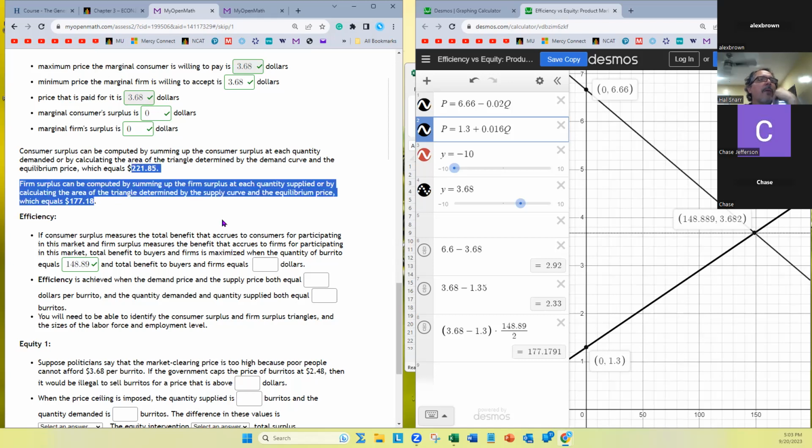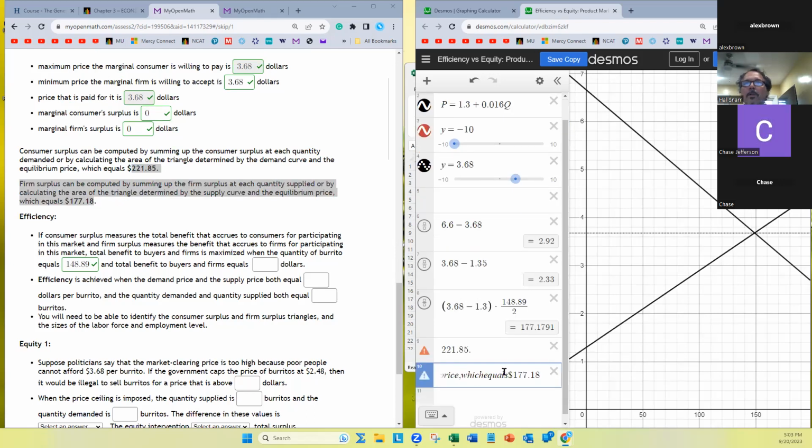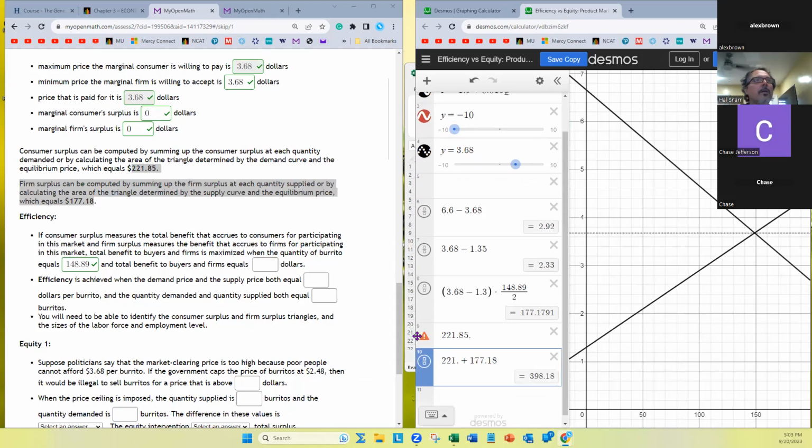So I'm just going to copy that whole thing into Desmos. Okay, I guess I'll just type it. 221.85. So I'm taking this 221.85, which is the consumer surplus, this upper triangle, and I'm adding it to the lower triangle area, 177.18. And I get 399.03.